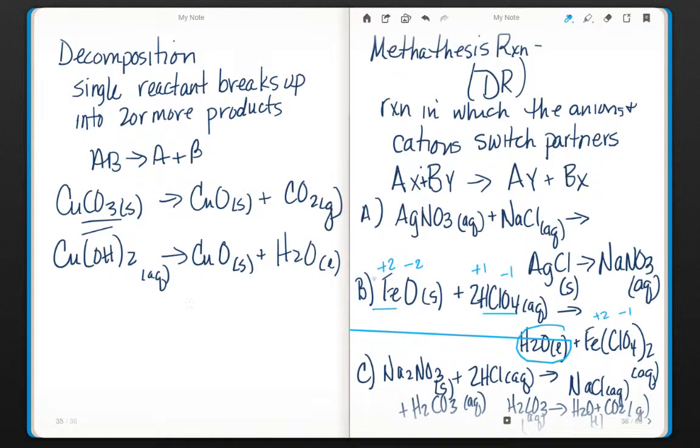Alrighty then, that works. We formed liquid water. Then, up here, I had Ag, which is +1, NO3 is -1, Na was +1, Cl was -1.